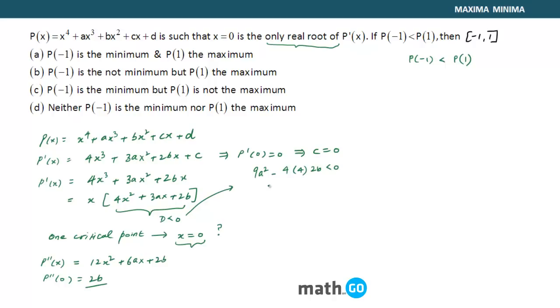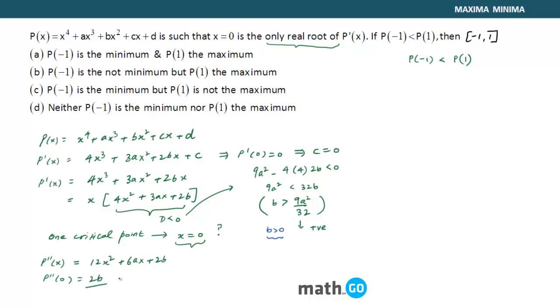So 9a square is less than 32b, or I can say b is greater than 9a square by 32. Now this RHS is completely positive, because a square is positive, 9 is positive, 32 is positive. So can I say easily that b is greater than 0?